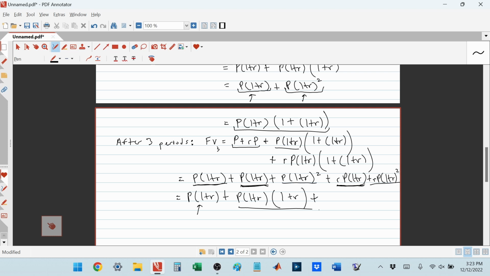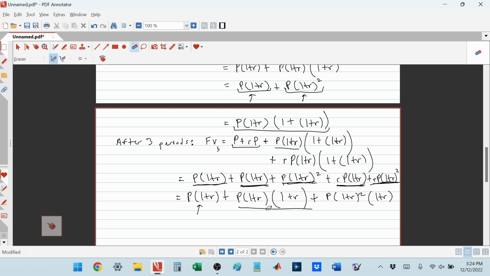So plus, let's think. Those two terms, these two terms here, have in common the P times (1 + r) squared. So factor that out, and we have a 1 + r like this.